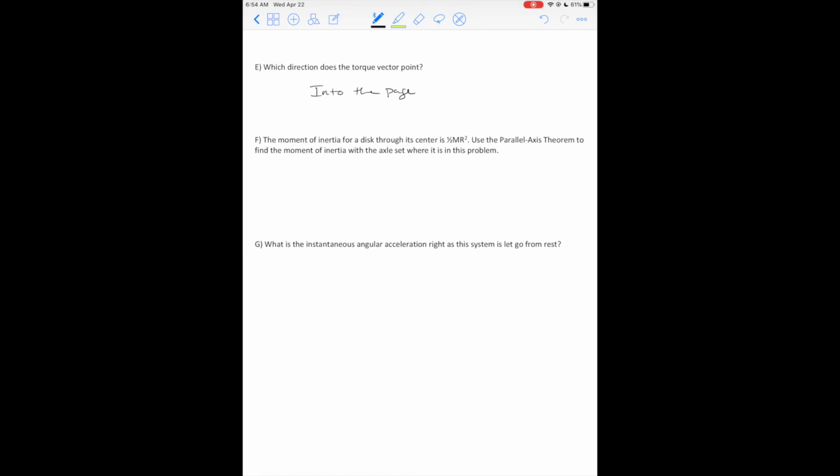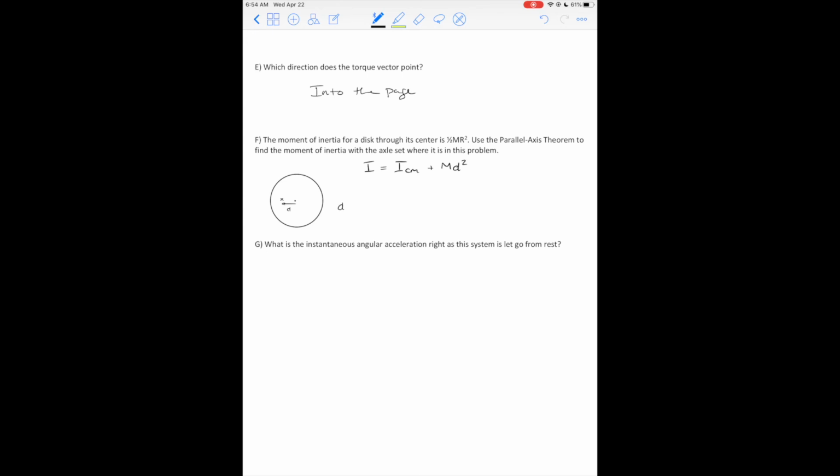So parallel axis theorem, if we remember back, says that I can find the moment of inertia about any point on my system if I know the moment of inertia through the center of mass, and I add the total mass of my object times the distance squared from the center of mass to the new pivot point. So in this case, let's make that a nice circle. My center of mass is here, my pivot point is here. What is D?